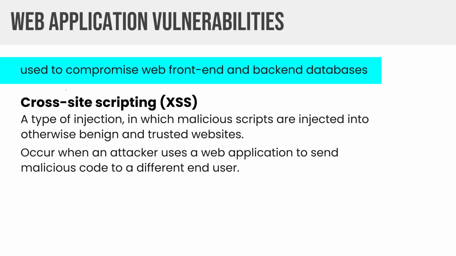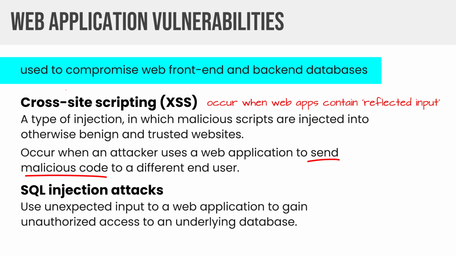So these occur when an attacker uses a web application to send malicious code to a different end user. They occur when web apps contain reflected input. For example, I put my name into a field on a form, I hit submit, and it says, "Hello, Pete." SQL injection attack. So these use unexpected input into a web application, into a front end, to gain unauthorized access to an underlying database.